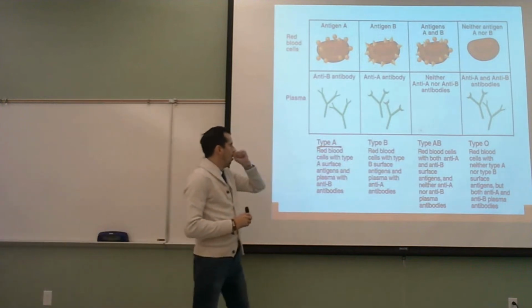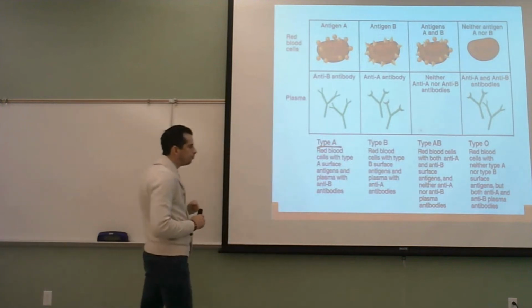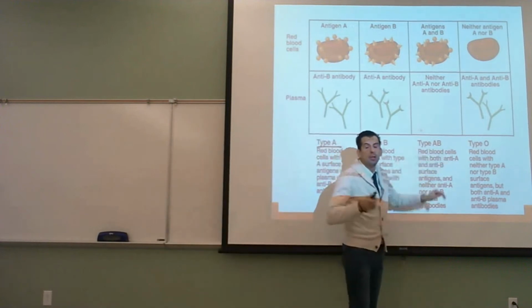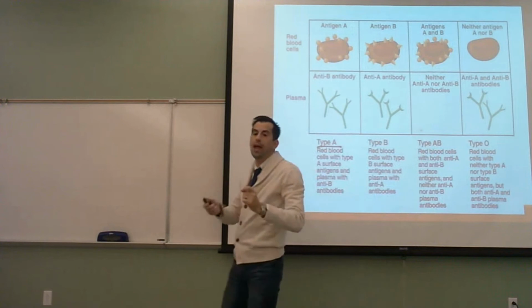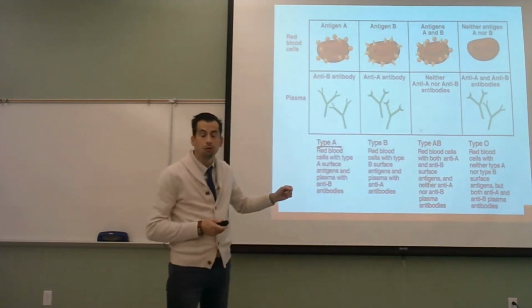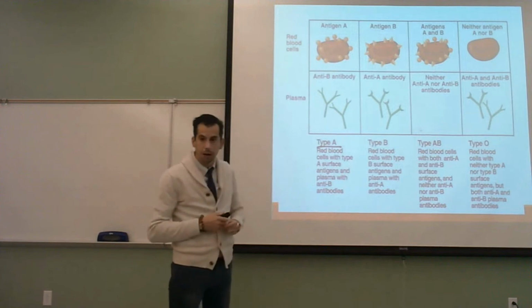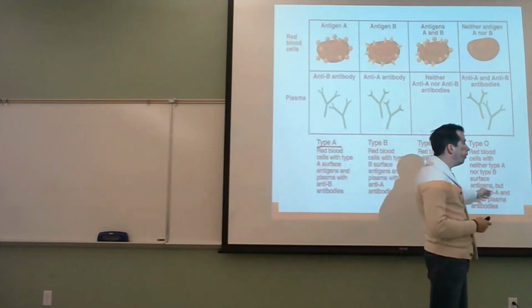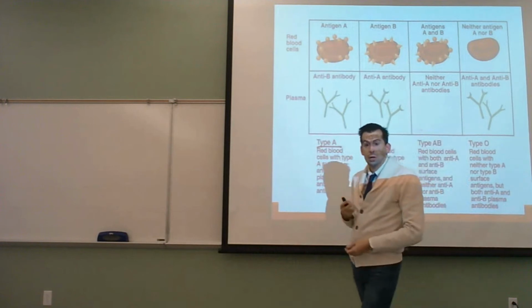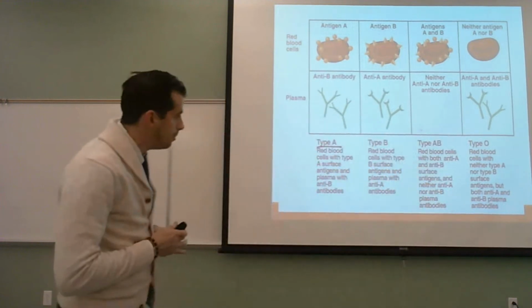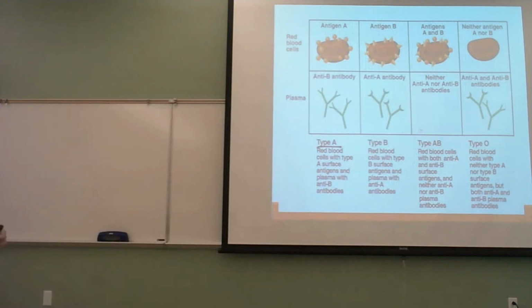And if you follow that logic, type AB, you have both antigens. You always produce the antibody for the antigen you're lacking. You're not lacking either one. Therefore, you don't produce either of the antibodies. And in type O, you're lacking both. So you wind up producing the anti-A and the anti-B antibodies together.